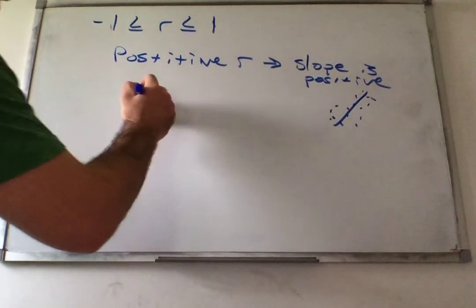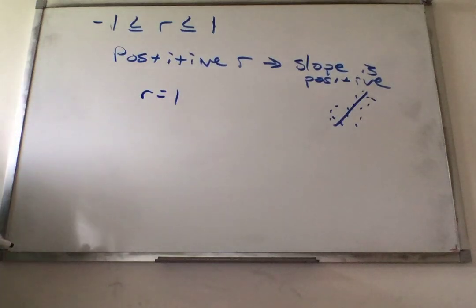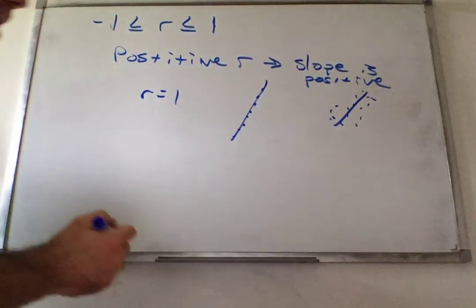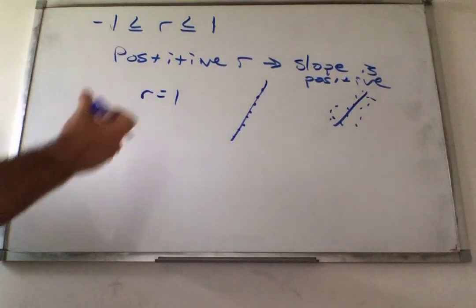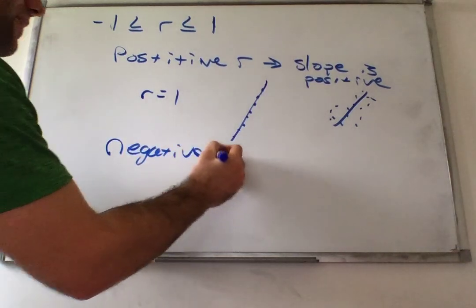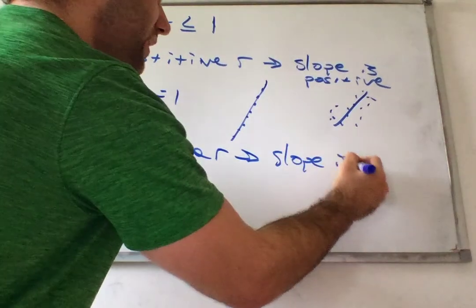Now, R equal to 1 is a perfect fit, meaning all the points land on the same line. Now you could reverse this. Negative R, the slope is negative.